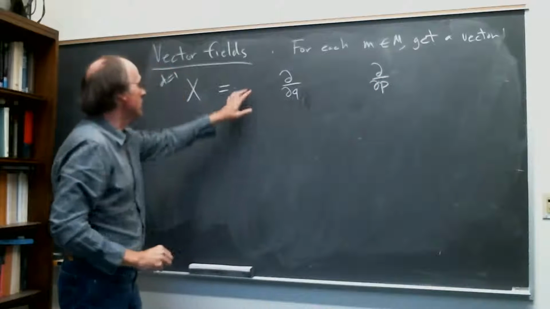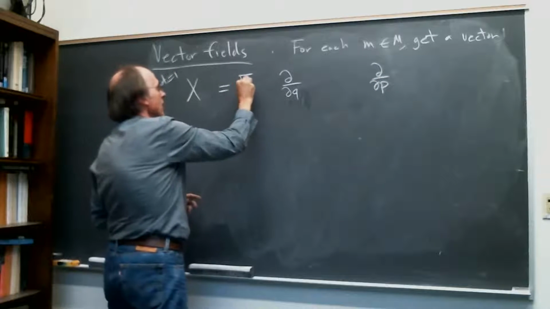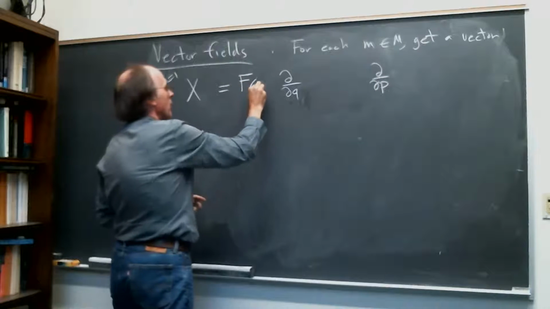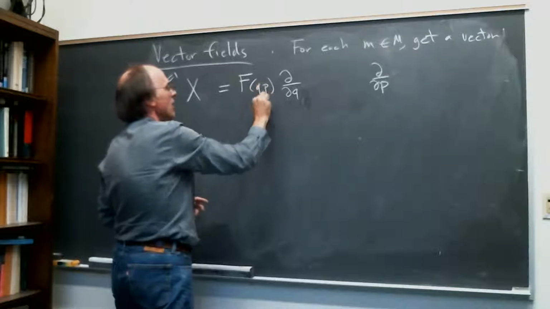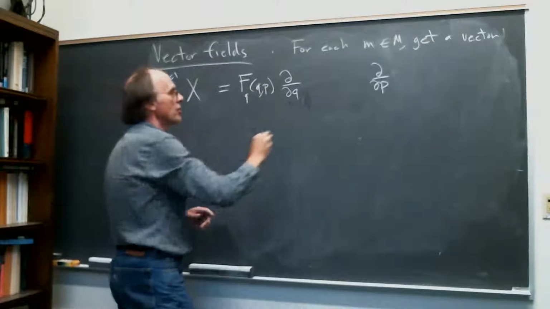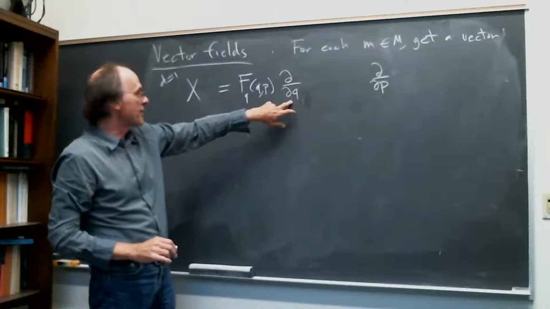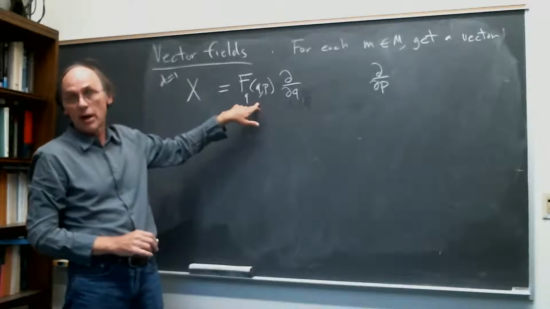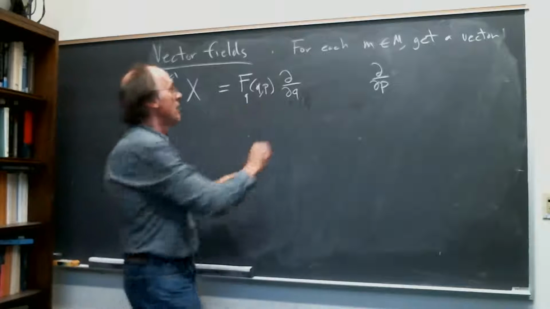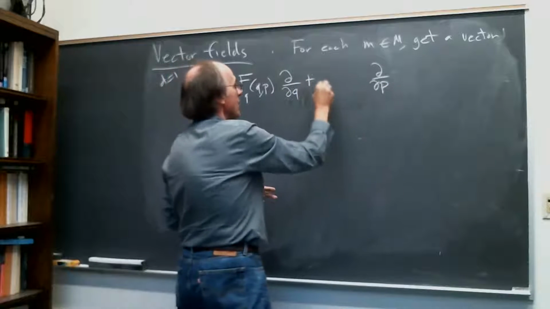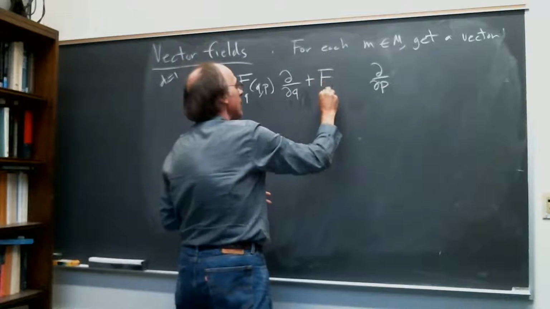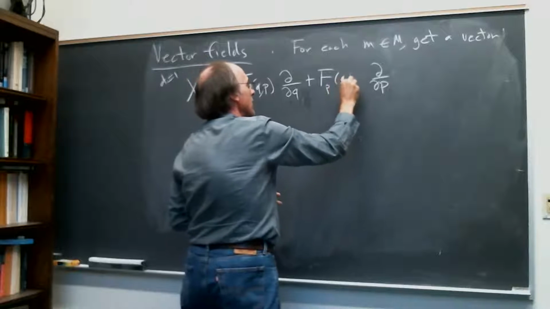So what you do is you take some function of where you are, and I'll call it f sub q, and then you let the amount of this vector vary as you move around on M, and then you let the amount of this guy vary. So it's f sub p, f sub q.